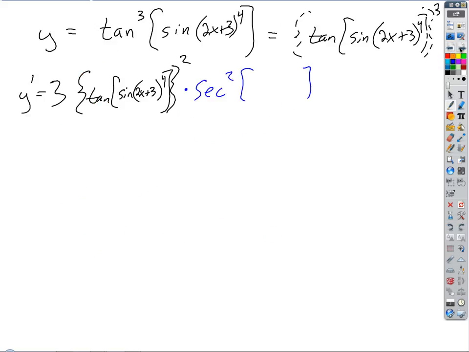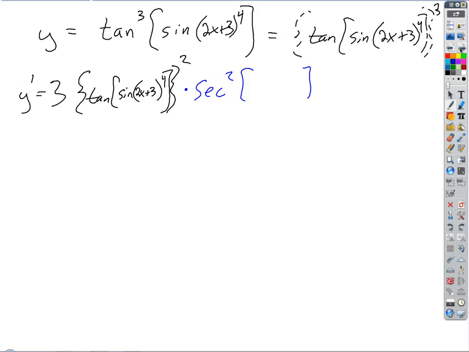What's inside now? The cubed has gone away. So now I've just got the tangent of something. I don't care what's in there. The derivative of tangent of something is just secant squared of that something, times the derivative of something.